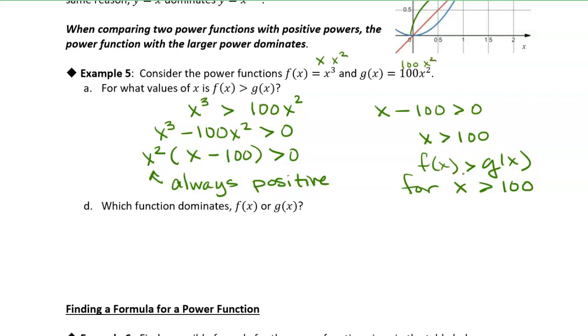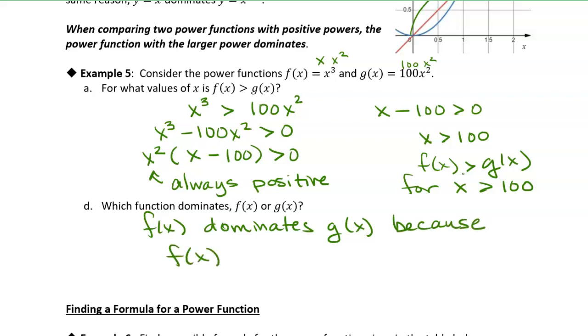So it makes sense. But what this tells us, though, is that f of x dominates g of x. Because as long as x is greater than 100, so in the long run, f of x is greater than g of x.